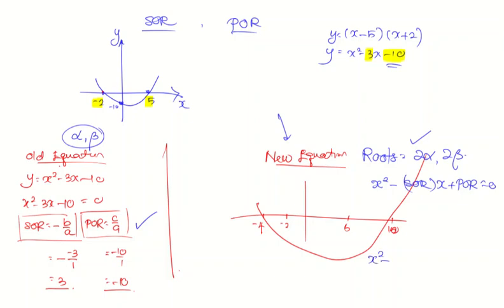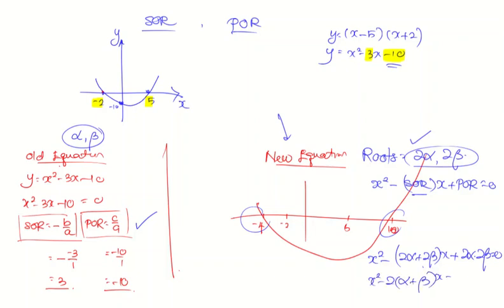So x squared minus sum of root. Sum of root here, my roots are double the original. 2 alpha plus 2 beta. Product of root is 2 alpha times 2 beta. 2 times 2 is 4 alpha times beta.